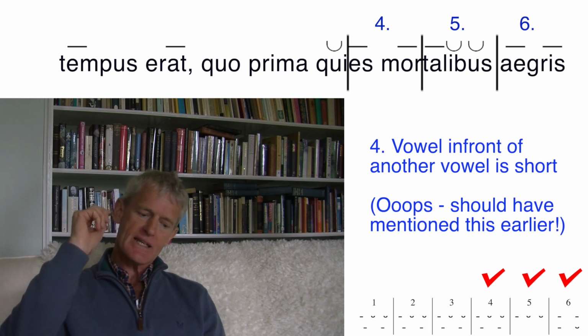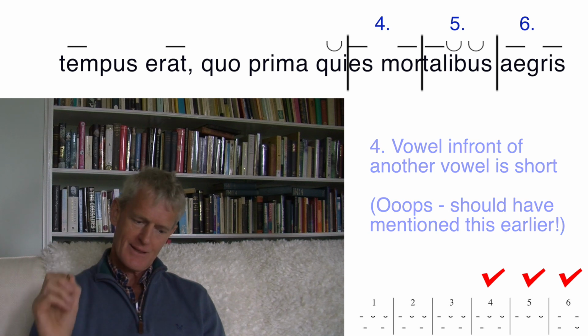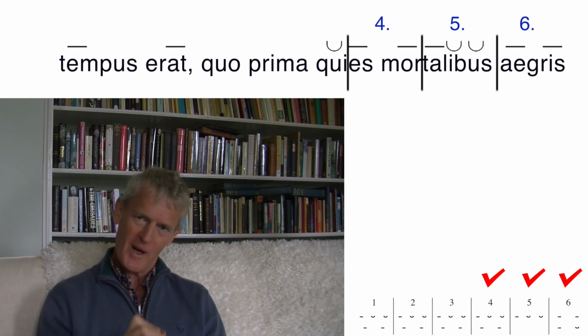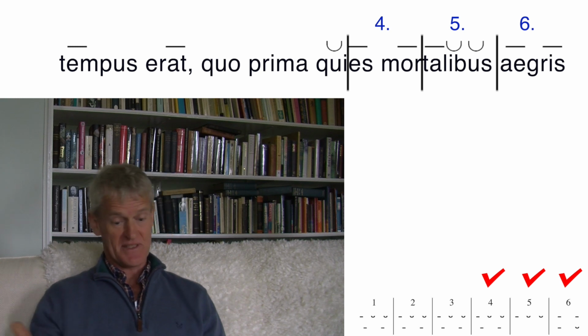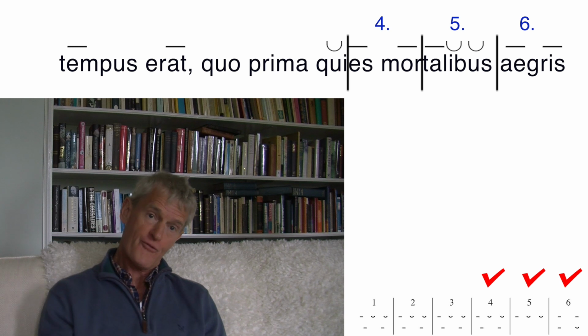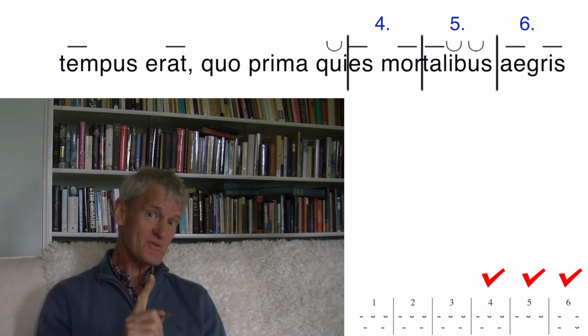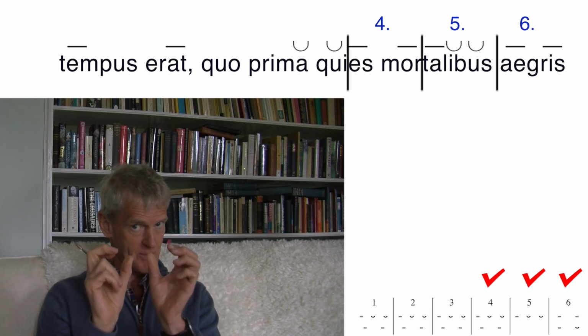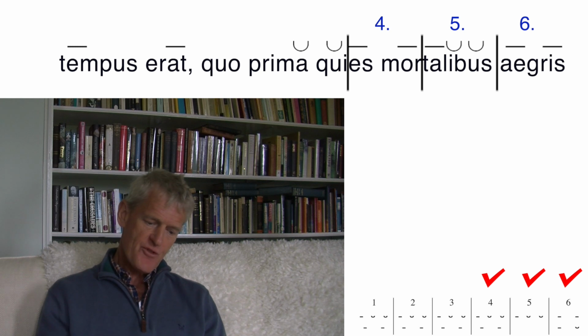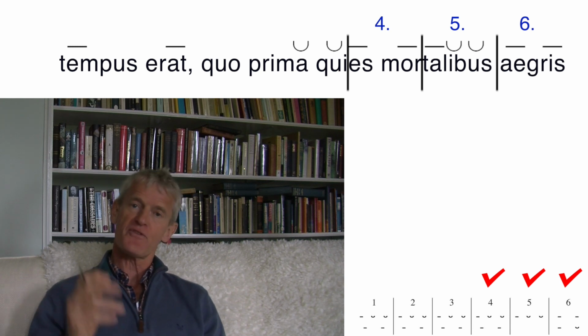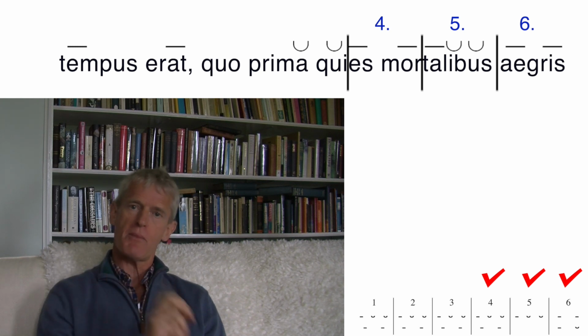And if the que is short, and we know that the syllable after it is long, because we've just marked it, then the syllable before the que must also be short, because shorts come in pairs. So that deals with the a of prima.